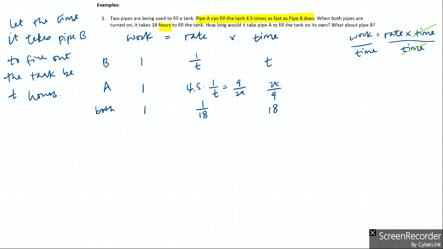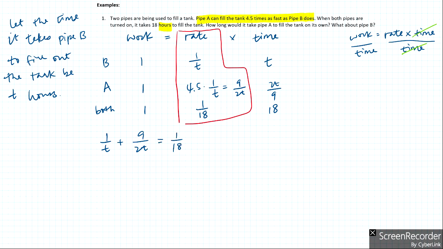Because of that relation, we can use the middle column, this rate column, to think about what is really going on. So I have the scenario that the rate of B plus rate of A equals the rate of them working together. So I would have 1 over t plus 9 over 2t, and that's equal to 1 over 18. So we're setting up the equation based on the rate.